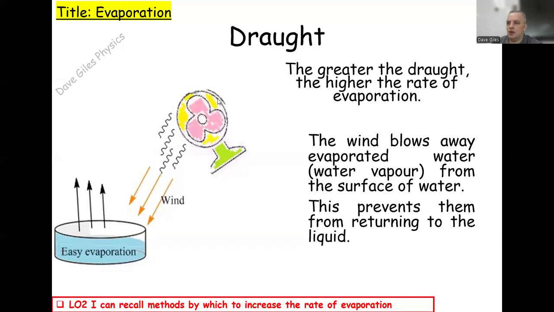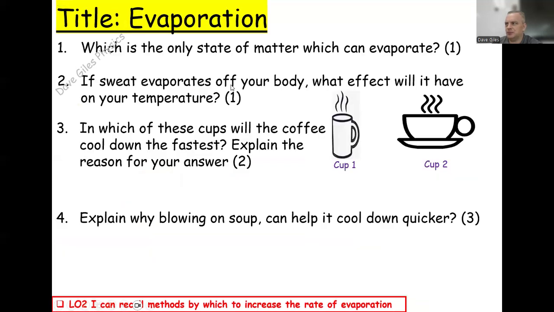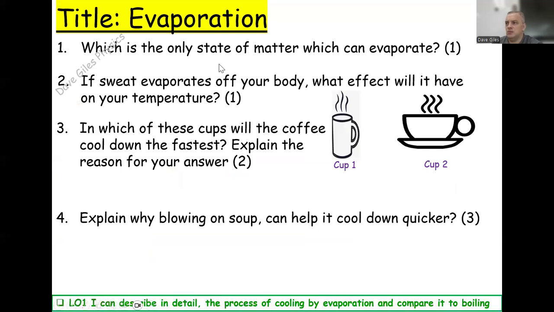Okay, so a couple of very quick questions for you. Give you a few seconds. Okay, so which is the only state of matter which can evaporate? It's the liquid. If sweat evaporates off your body, what effect will it have on your temperature? It'll decrease it. In which of these cups will a coffee cool down fastest?